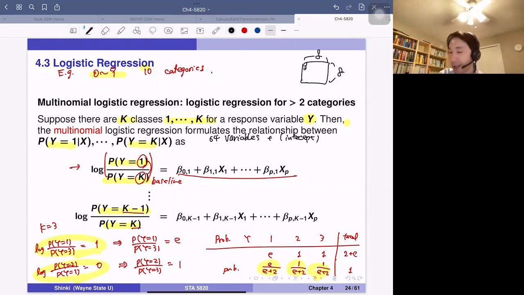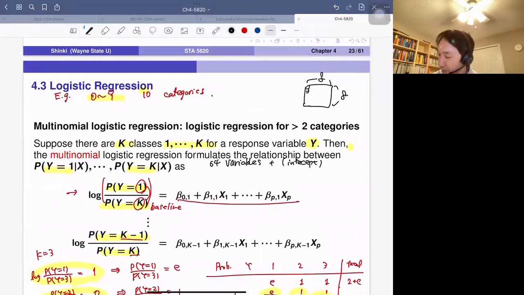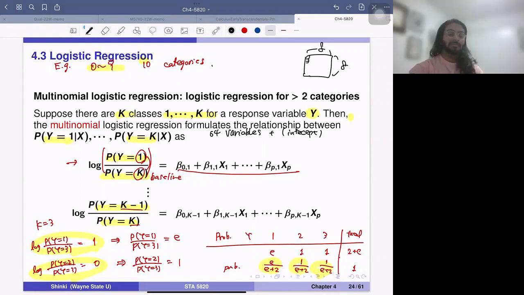Anyone? I will get maybe some special credits for this if you got the right answer. 64 predictors plus intercept. We have 10 categories. How many parameters in total? Anyone? 65.